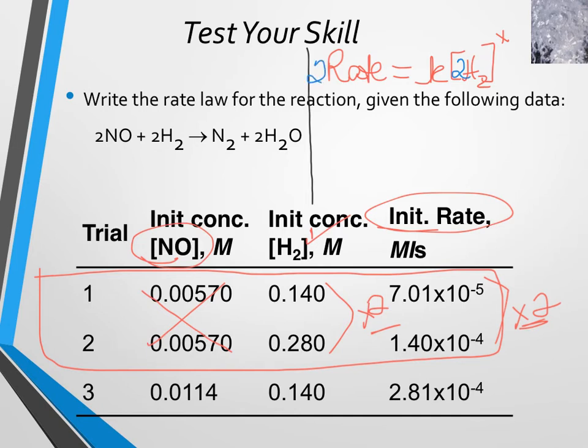The rate also doubles. So what mathematically does x, the order of reaction, have to be so that this is true? When we multiply the concentration by 2, the rate changes by a factor of 2. The only way that can mathematically be true is if the order of the reaction is 1, if the exponent is 1. So that's one mathematical way of demonstrating the order.